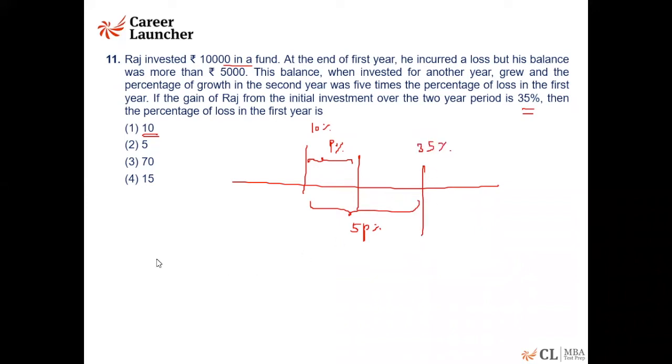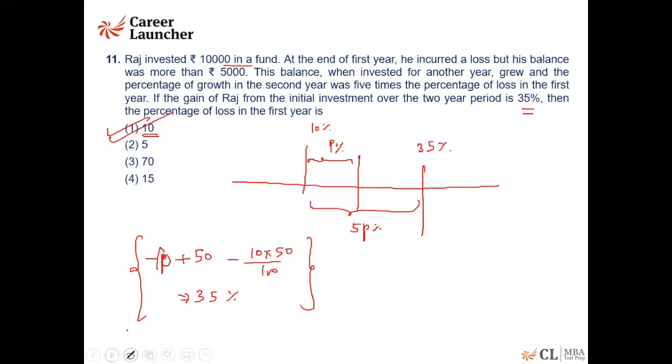You could also check: minus 10 plus 50 plus (minus 10 into 50) by 100 is equal to 35%. This is your successive increases or decreases formula. Or alternately, just plug in the values and check. So the answer to the question is the percentage loss in the first year is 10%.